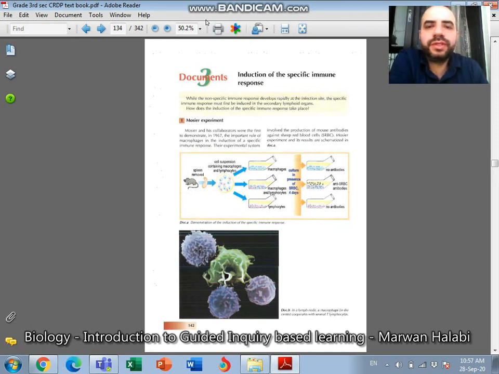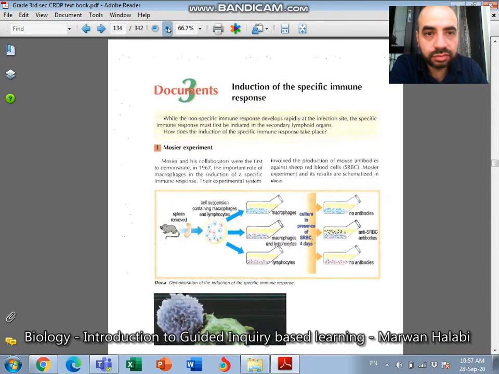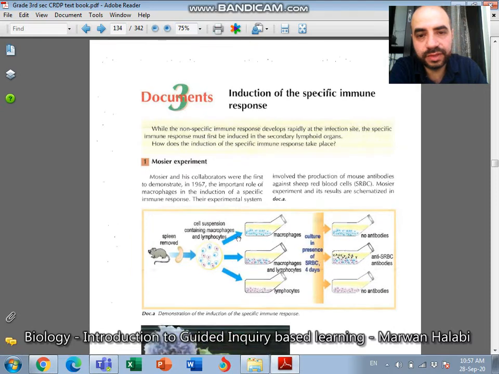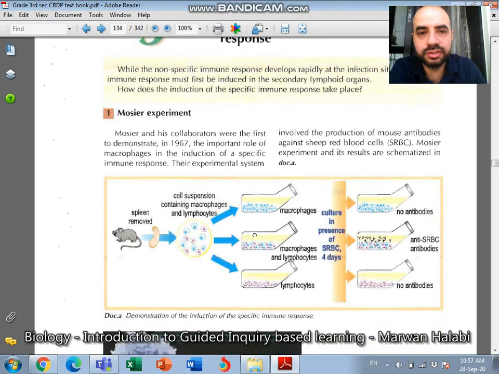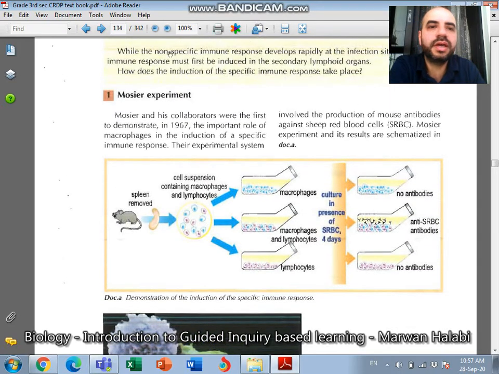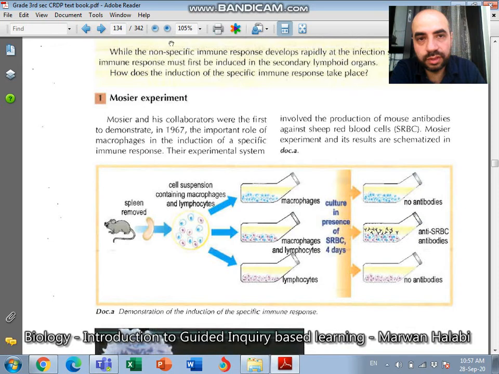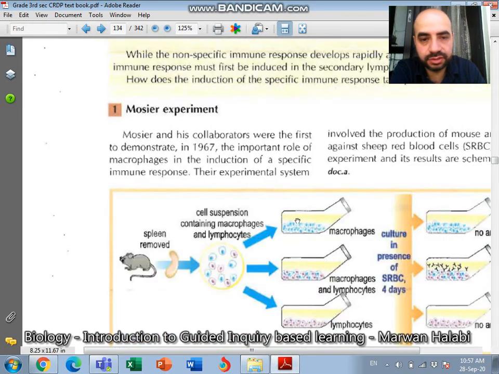Of course, these questions serve the idea of learning the skills of how the scientific method goes on, and teach us how information can be drawn from experiments and documents. I mean, as a biology student, you should be able to know how scientists work and how they draw information.